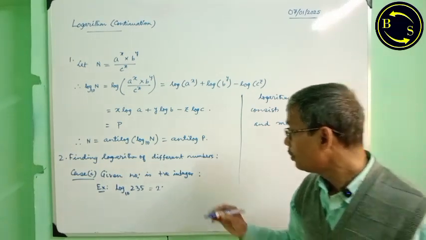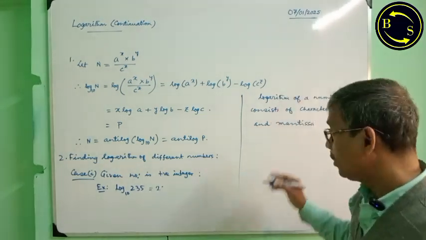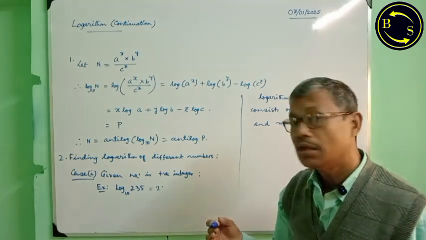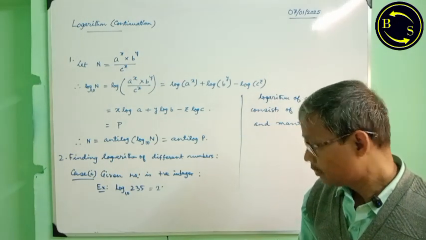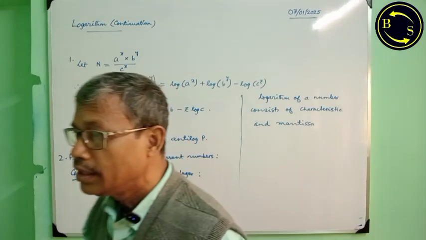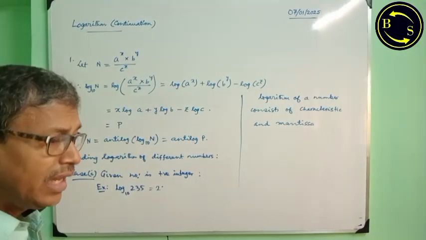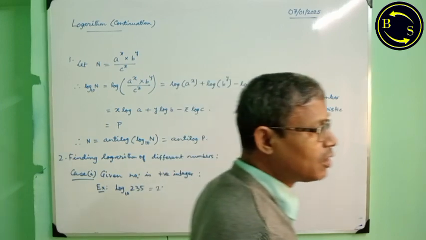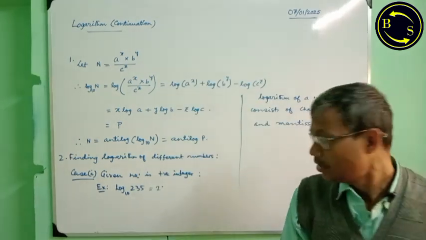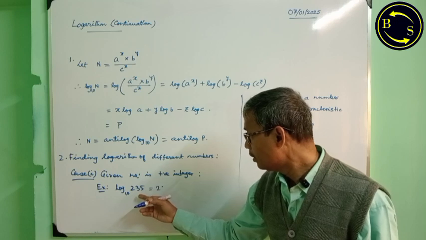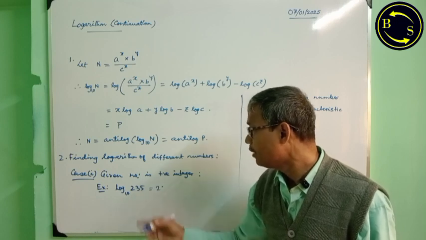Now, for the mantissa part, we follow the log table, and log table is there in every mathematics book. Generally at the end pages we find log tables as well as anti-log tables.